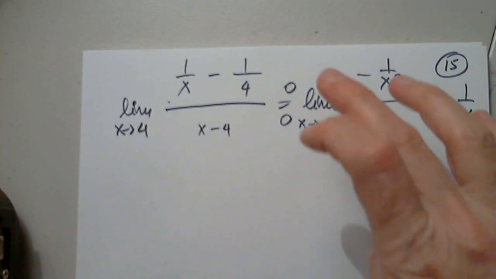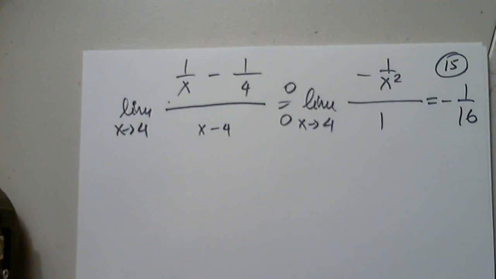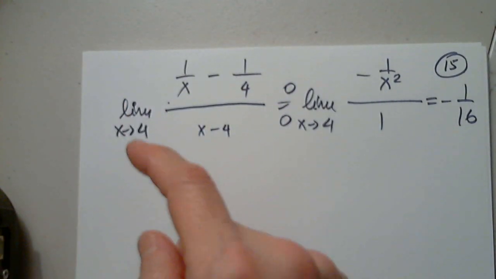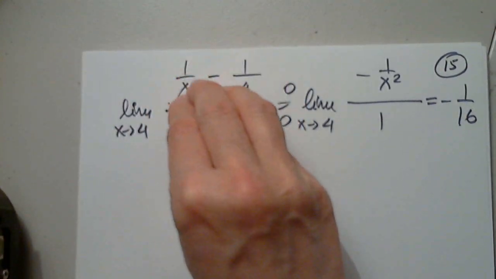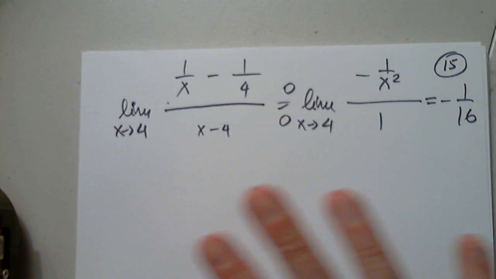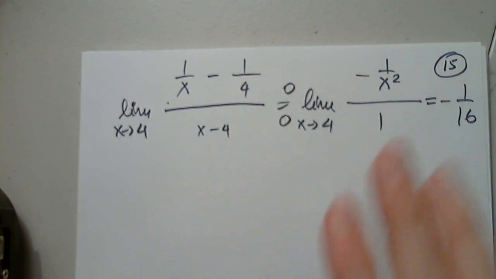But remember, L'Hopital's rule is only 0 over 0 or infinity over infinity. It has to have the limit. So the conditions or hypotheses are a limit of a fraction that turns into 0 over 0 or infinity over infinity. Otherwise, you're not allowed to use this differentiation process unless it's inside a limit.